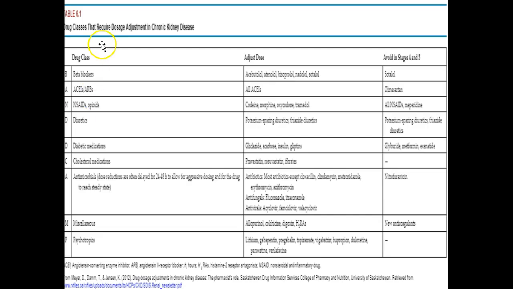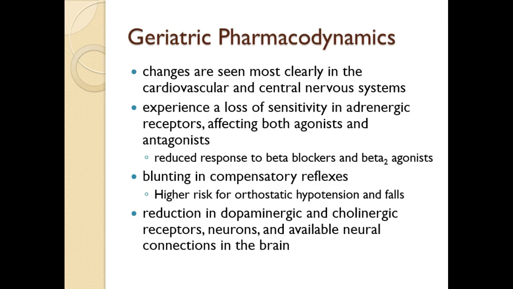So in table 6.1 of your textbook, you have your BANDCAMP: beta blockers, ACE inhibitors, ARBs, NSAIDs, diuretics, diabetic medications, cholesterol medications, antimicrobials, miscellaneous, as well as psychotropics. So check it out in your textbook. It has your table, so I wanted to present it here. So BANDCAMP.